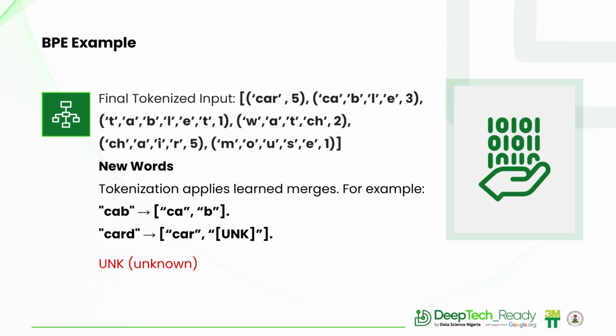However, if we have a new word, let's say CARD, it will get tokenized into CAR, and then the D here is not in the final tokenized input, so we represent that as UNK, what we call unknown. Why? Since the letter D is not in the final tokenized vocabulary.